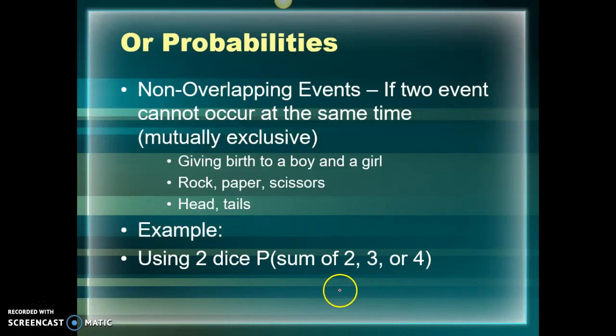An example is if we have 2 dice and we want the sum of a 2, the sum of a 3, or the sum of a 4. These are not overlapping. You can only get the sum of a 2, only the sum of a 3, or only the sum of a 4.